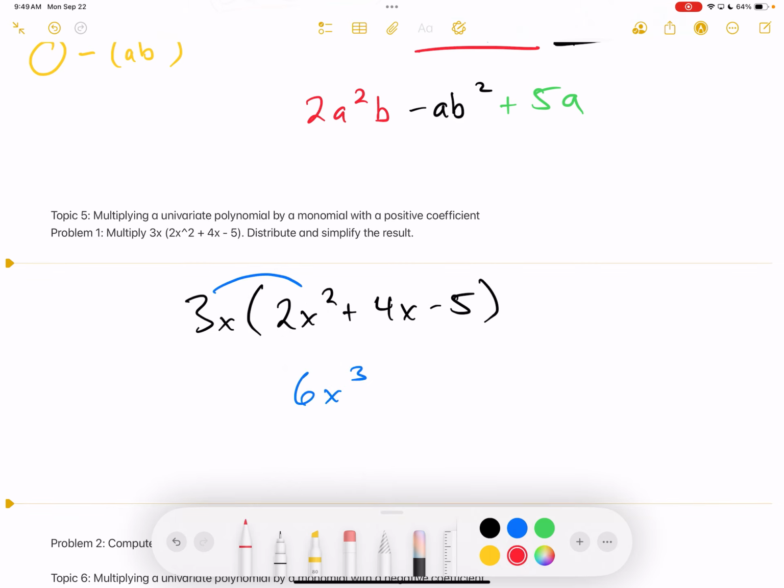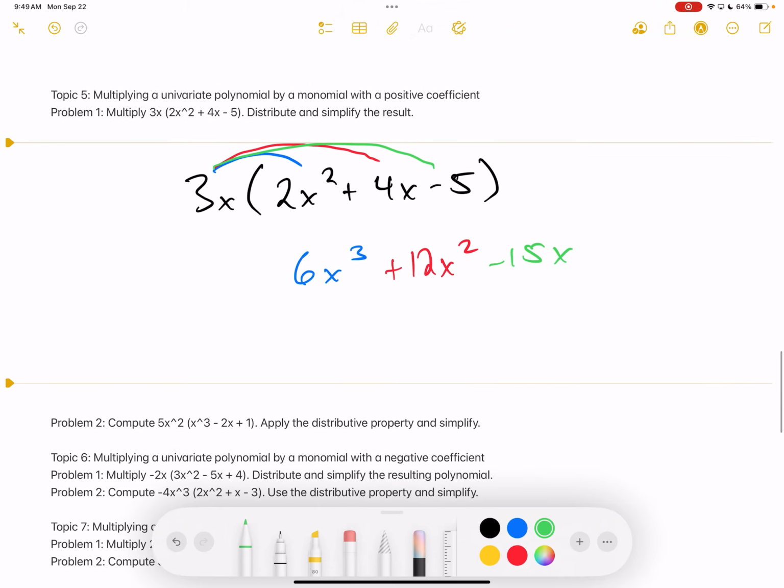You add the exponents. There's 1x out here, 2 right here, so there's 3 now. 3x times 4x would be 12x squared. And then 3x times -5 would be -15x. So this one is just distributing, and that's the way we do the multiplying for most of these.